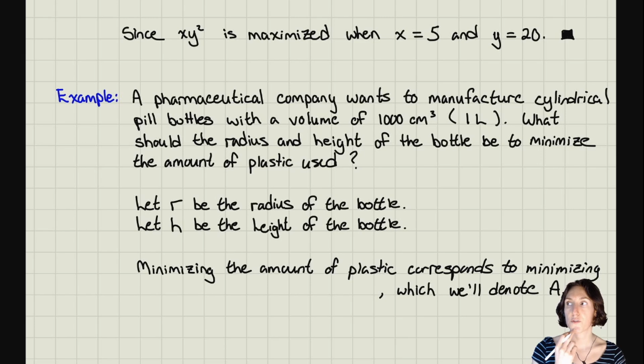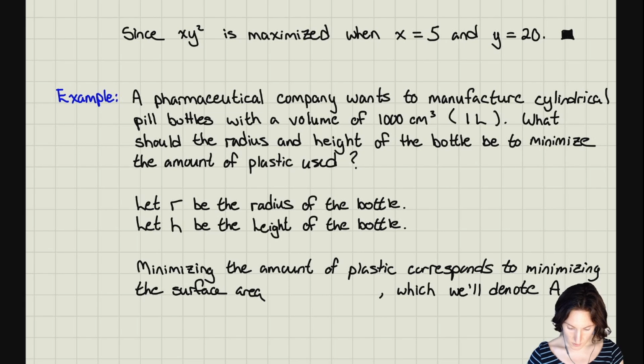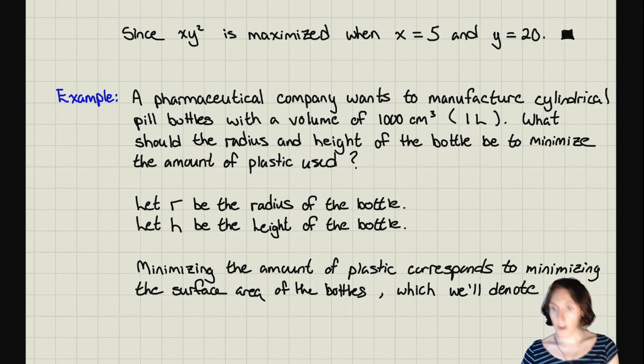It corresponds to, I want the smallest amount of plastic, which is surface area. So it corresponds to minimizing the surface area of the bottles, which we're just going to call A.